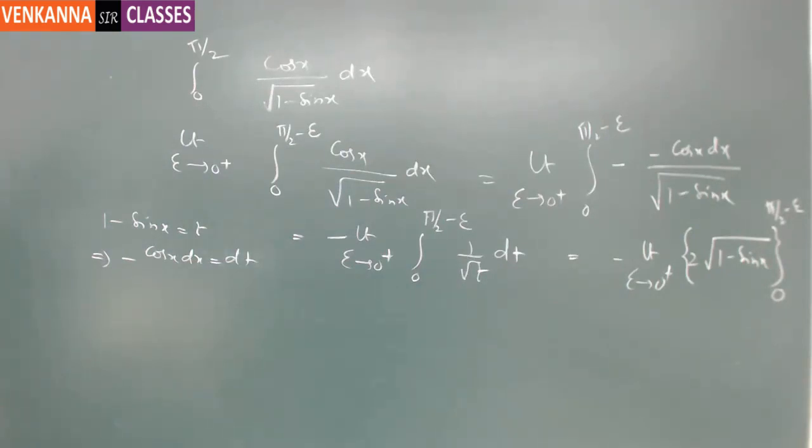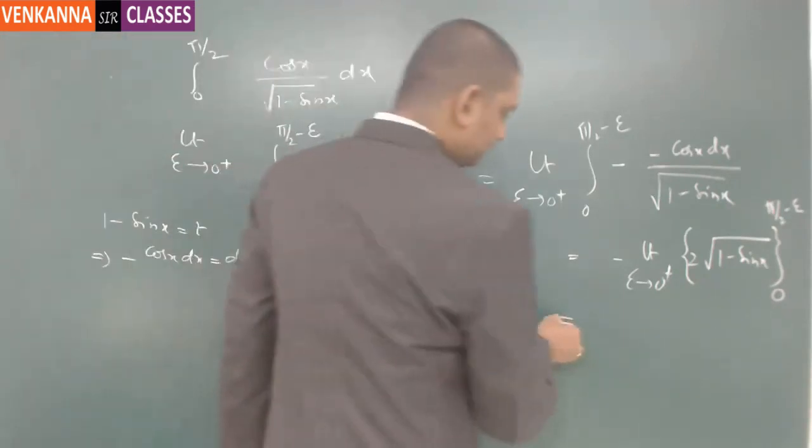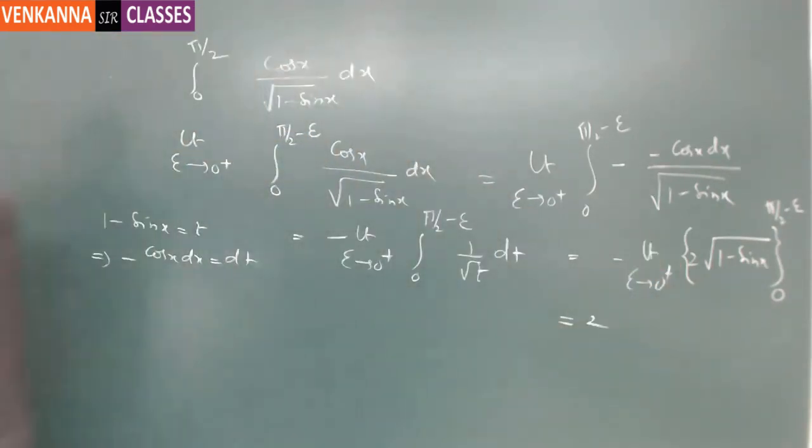Please check whether it is minus 2 or plus 2. While applying the upper limit, its value is 0. For the lower limit, you will get minus 1. So minus of minus, you will get plus. The limit value will be 2, I think. So please check, everyone.